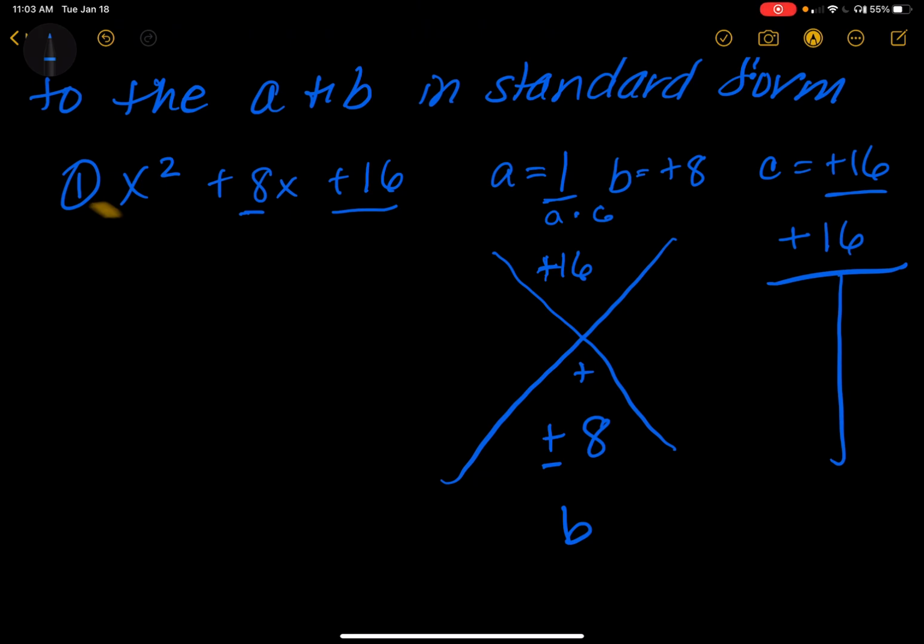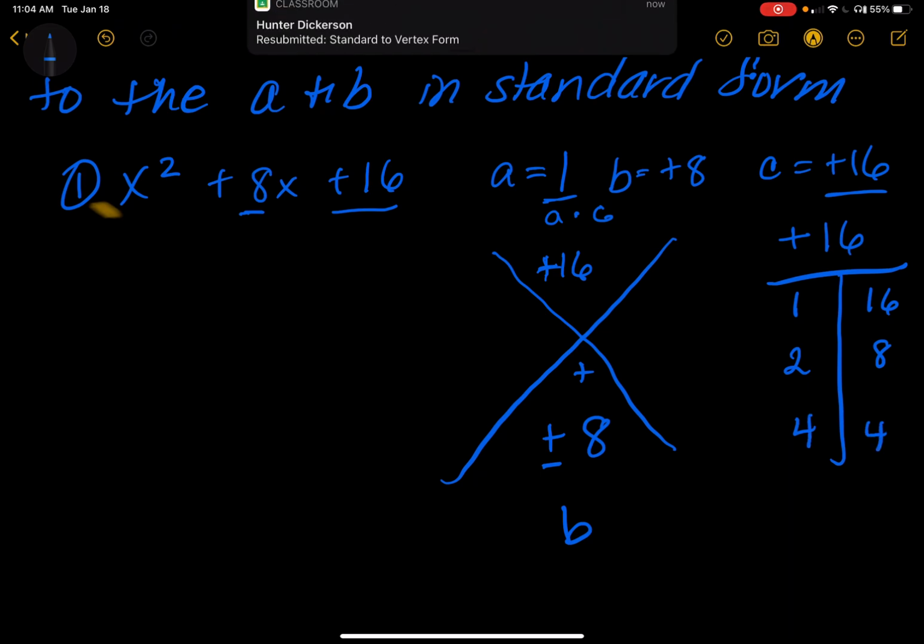And so therefore, this has to be a positive and a positive to multiply to get a positive and add to be a positive. So let's list our factors of 16. 1 and 16, 2 and 8, 4 and 4.